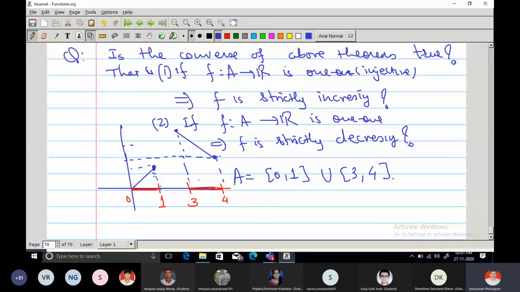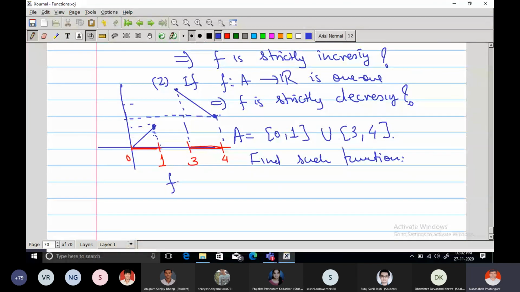Now, can you produce explicitly the function? Find such a function. This is the hint. This is a function because the domain is 0 to 1 together with 3 to 4, and we are going to define a function f from A to R. How will you define f of x on 0 to 1 and on 3 to 4?